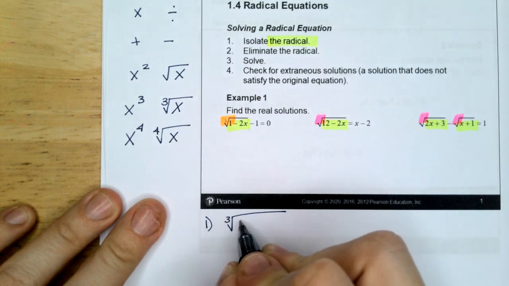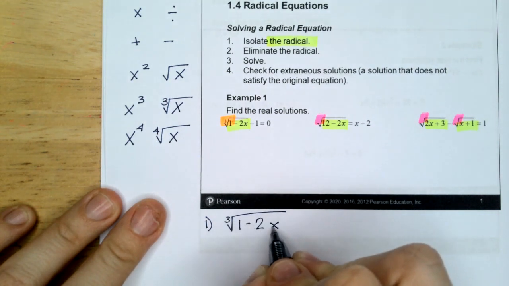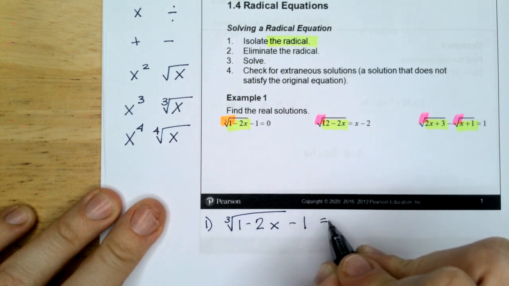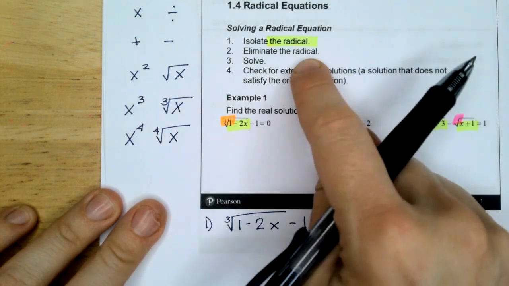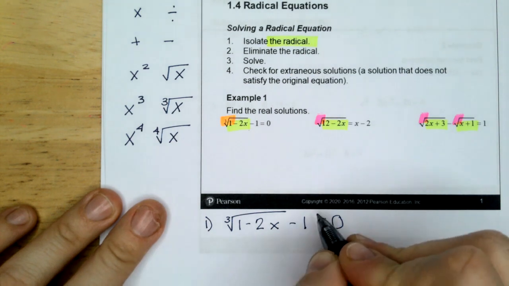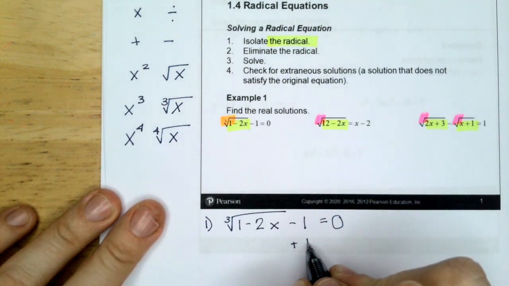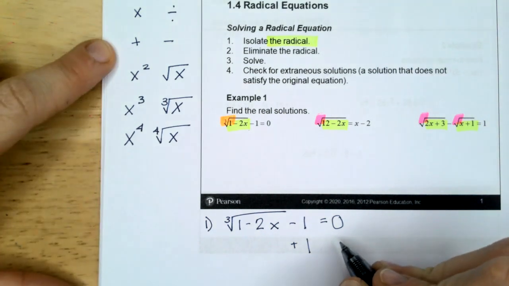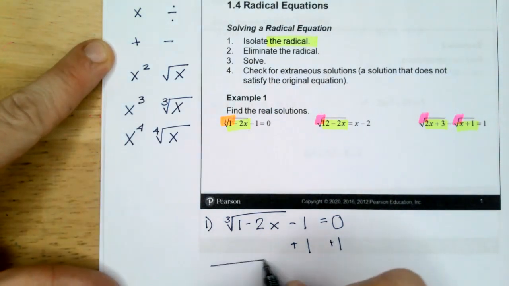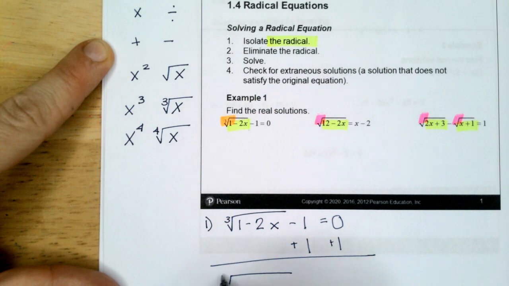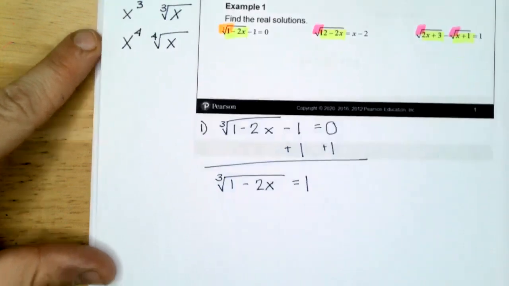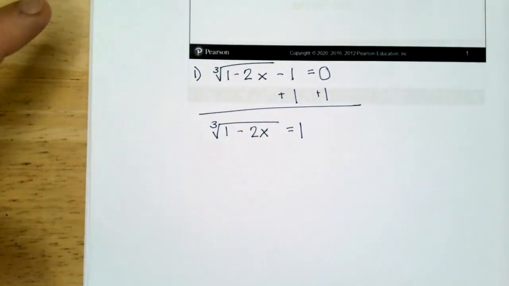The third root of 1 minus 2x, minus 1, is 0. Isolate the radical means we're going to move this negative 1 to the other side of the equal sign. What's the opposite of minus 1? It's plus 1. So I'll add 1 to both sides. Third root of 1 minus 2x is equal to 1. Good. So we've isolated it.